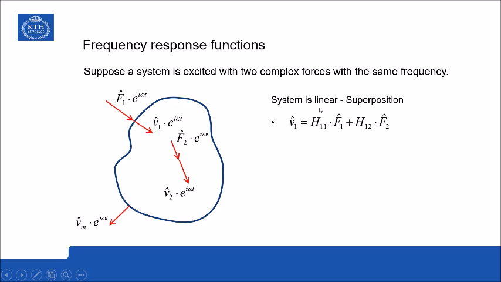The first one, where the excitation force F1 is connected to the response component via the frequency response function H11, and the second one in an analogous way with the frequency response function connecting the excitation in point 2 with the response in point 1.